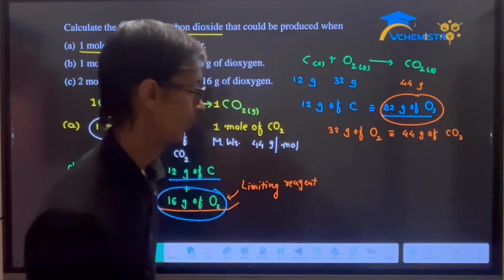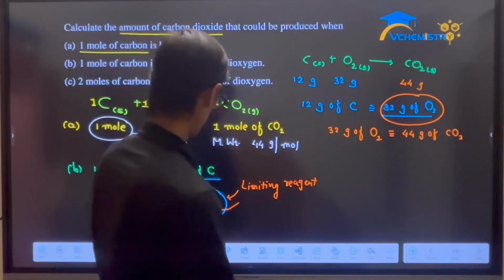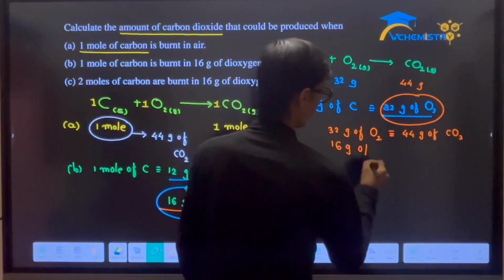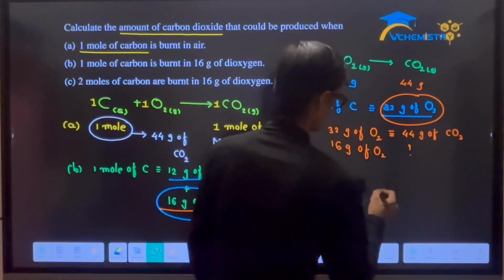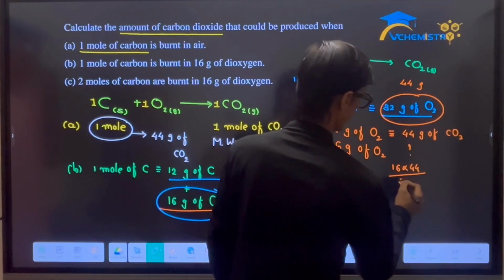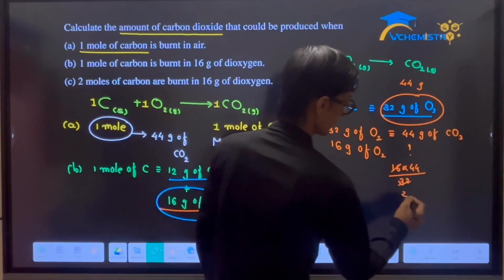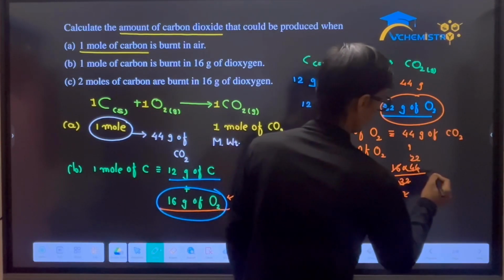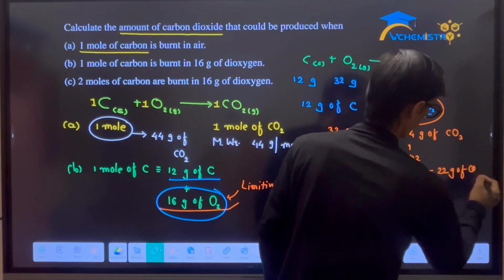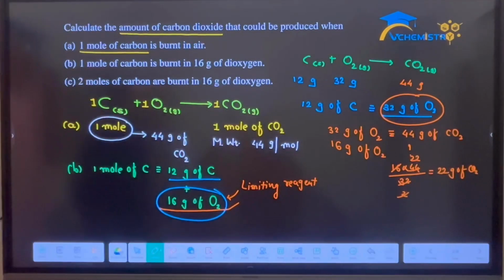But now I have only 16 gram. 16 gram of O2 gives 16 into 44 divided by 32, that means only 22 gram of CO2 is produced. So this is the way; according to that, first of all we have to find the limiting reagent.